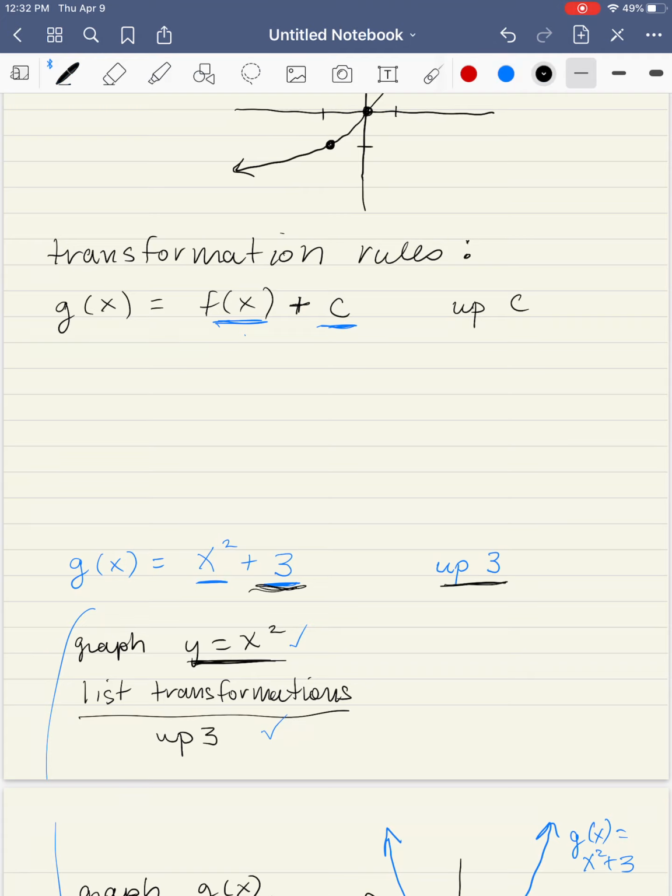On this one, we're going to use our next transformation rule, and that's if instead of my given function being some known function plus a number, we have minus a number. And we're going to see that every one of my y values will go down c units.